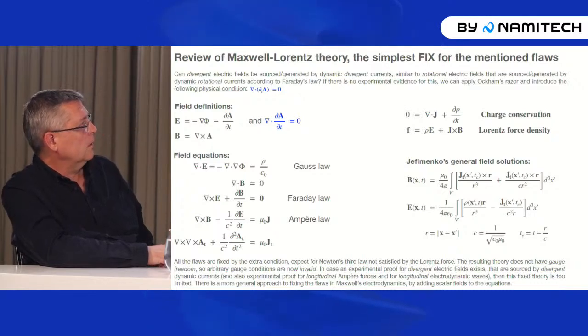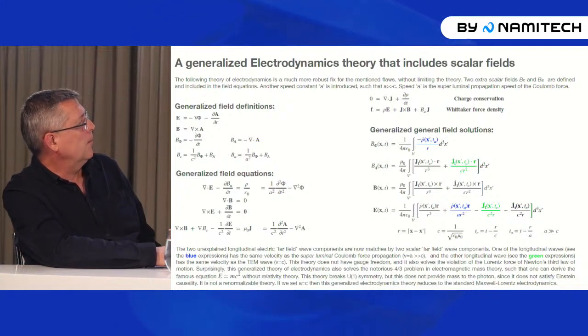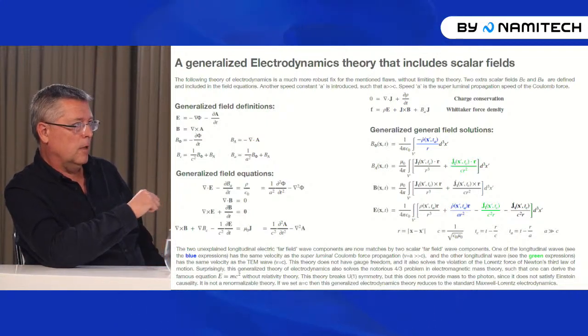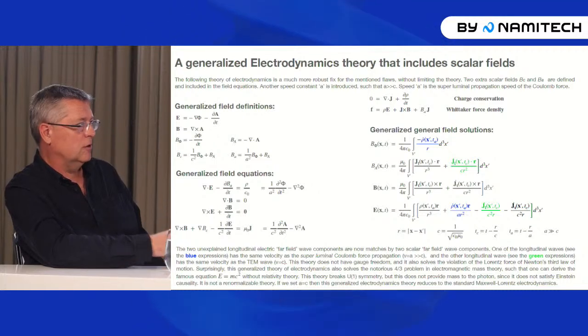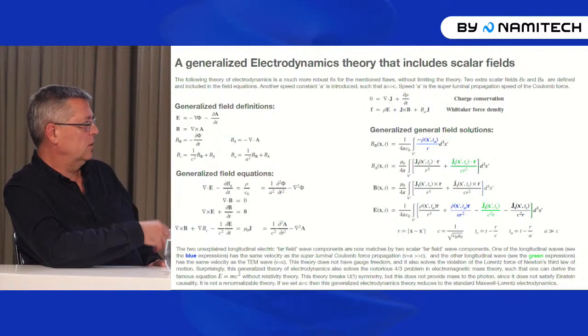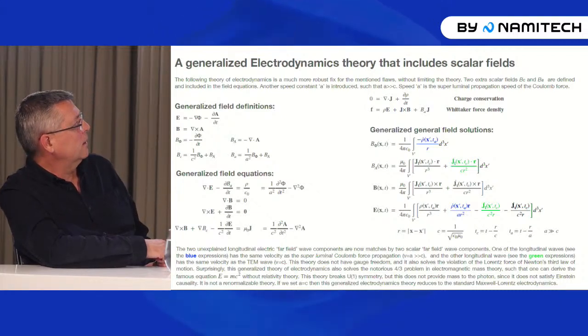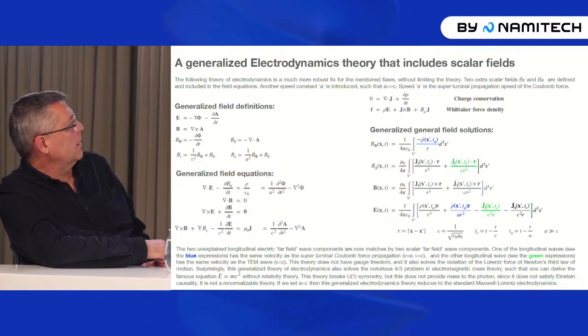Okay, now we go to the next slide. This was a simple fix. Now I would like a much better fix for these problems. And therefore we have to introduce scalar fields, which is after all the topic of this whole presentation. I have defined two types of scalar fields that we have to introduce.